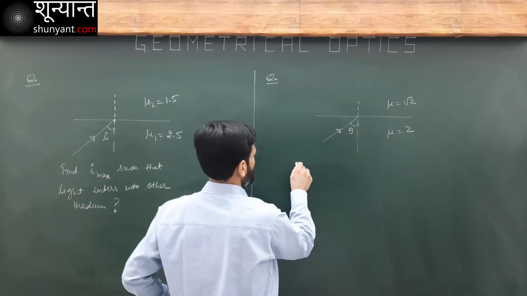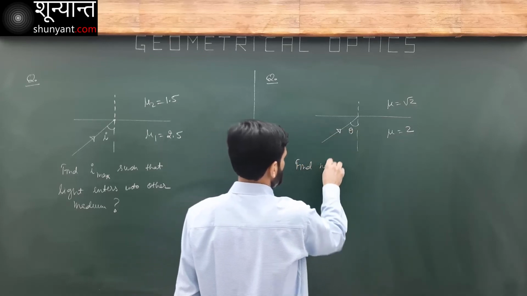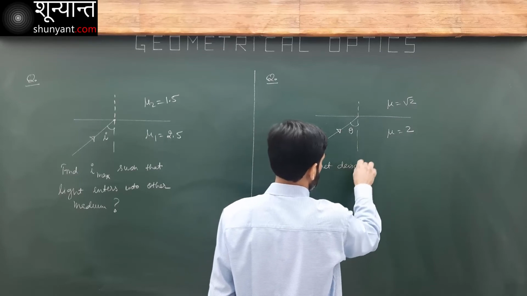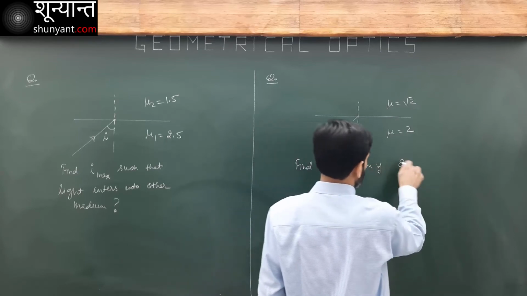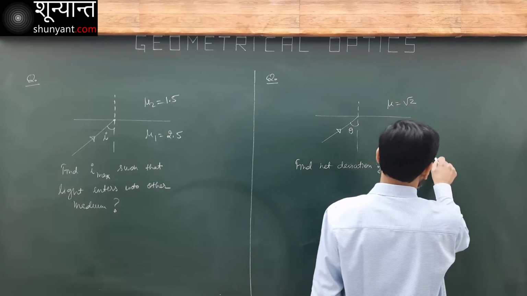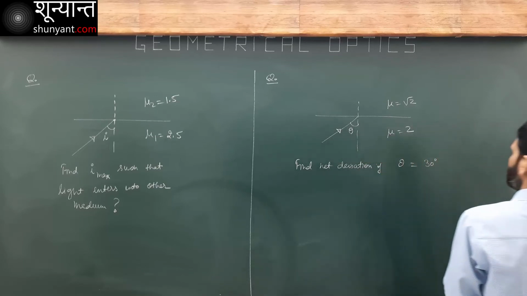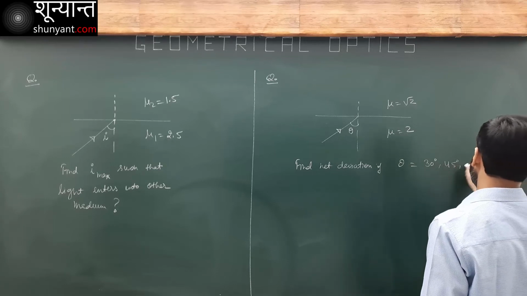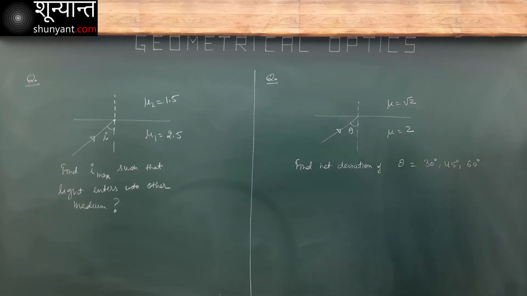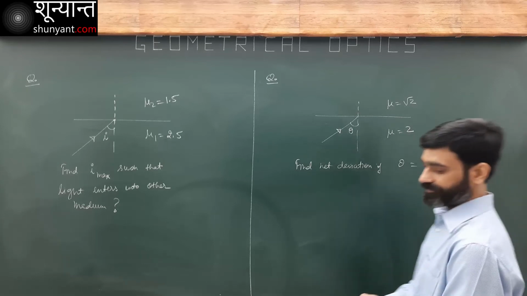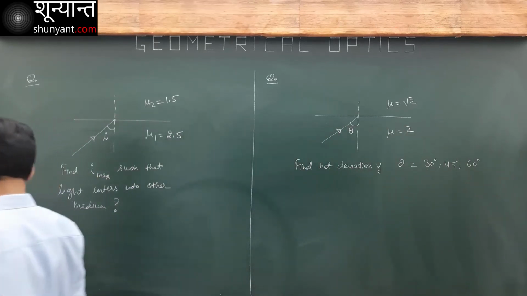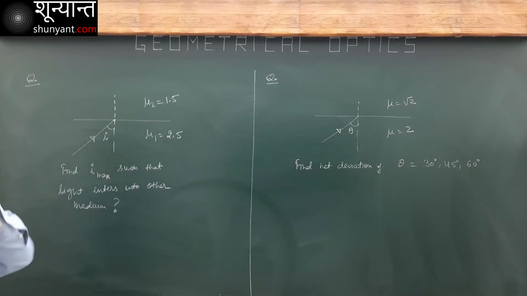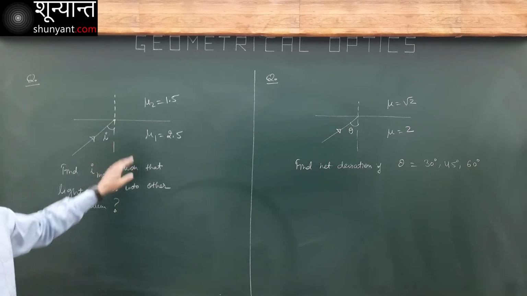Find the net deviation if theta is equal to 30 degrees. Theta is 45 degrees and theta is 60 degrees. What do you think? What is going to be the net deviation? Let's try to answer this.